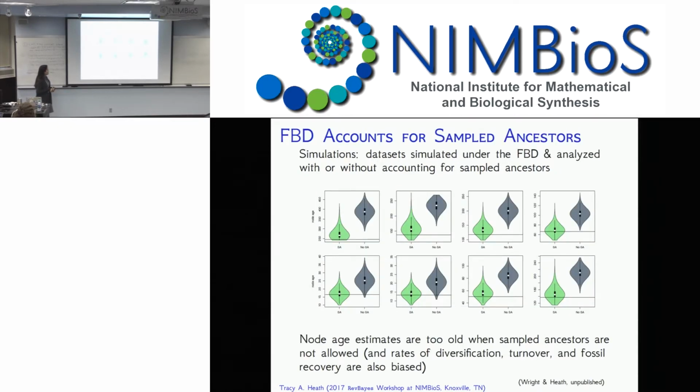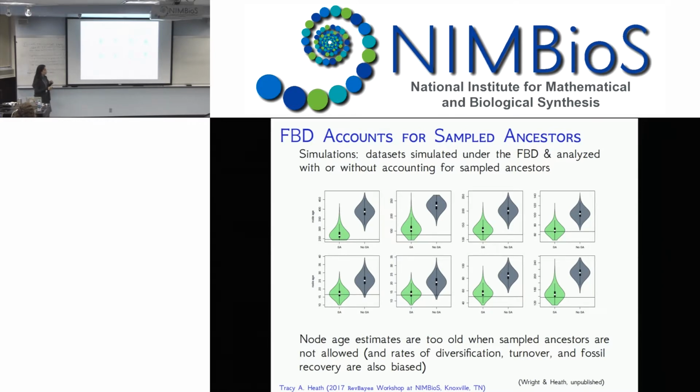When we looked at these simulations, this is just for one tree that we simulated, and we look at the divergence times of nodes in that tree. In these little violin plots, the black line represents the true value, the green is the posterior distribution of the node age given that we allow for sampled ancestors, and the gray is where we don't allow sampled ancestors.